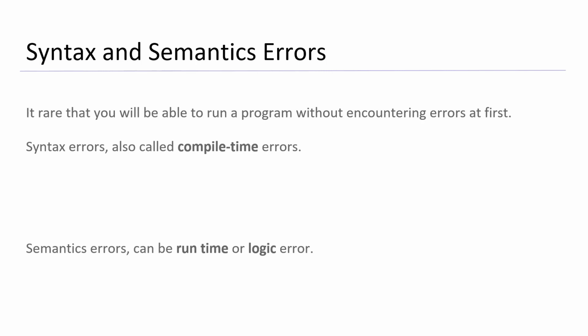In general, there are two types of errors that you will encounter: syntax errors and semantic errors. Semantic errors can also be divided into two subtypes, called runtime and logic errors, and we will see the distinction between runtime and logic errors in the next slide.